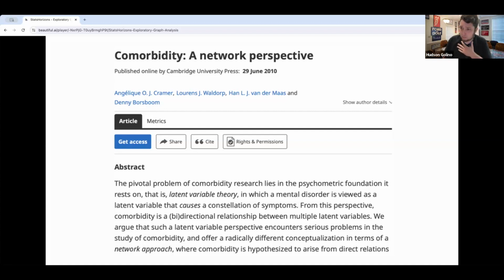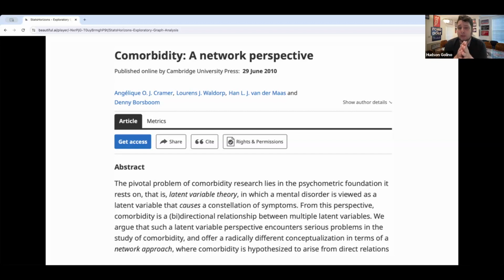So if I have a runny nose, a headache, low energy, a cough and a fever, these individual symptoms are caused by something else. What's causing these symptoms is an infection, for example, flu. And when you remove the flu, the symptoms go away, right? So there is a causal connection between something, the flu, causing these symptoms. This is the medical model, or the latent variable model perspective of psychopathology.